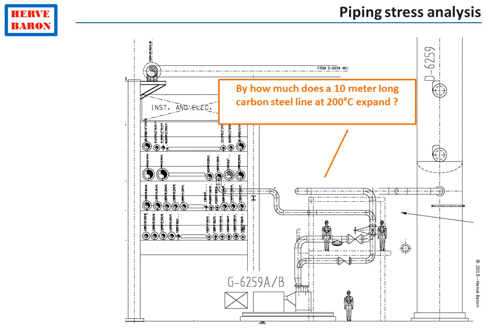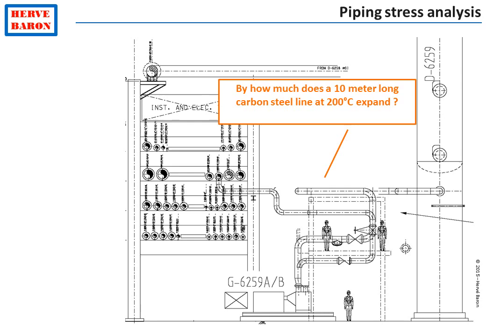Indeed, when the line expands, it would lead to excessive effort on the pump nozzle, leading itself to misalignment between the driver and the pump, which would ruin the pump.